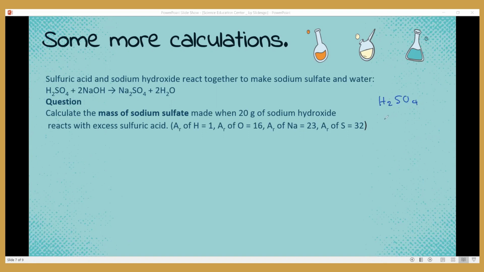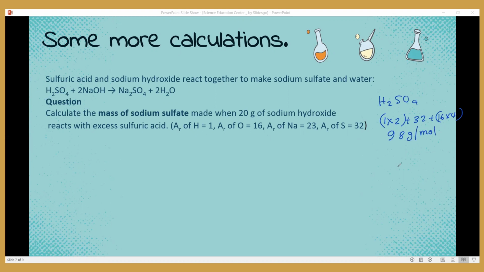H2SO4. So for sulfur, all those amounts are given. So let's work it out directly. 1 into 2 plus 32 plus 16 into 4. And this is going to be equal to 32 plus 16 into 4 plus 2. That is 98 gram per mole.